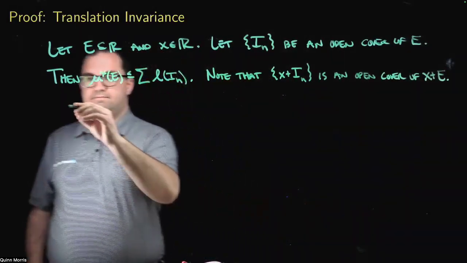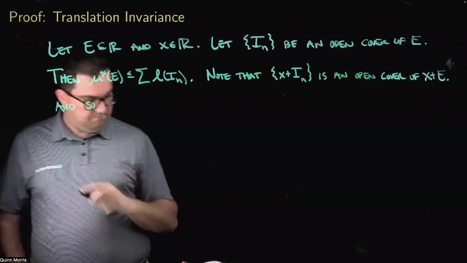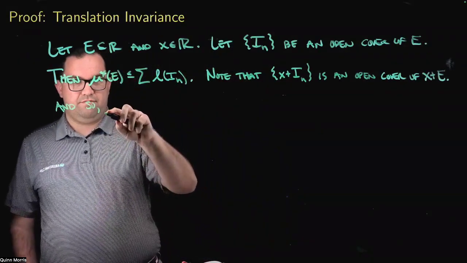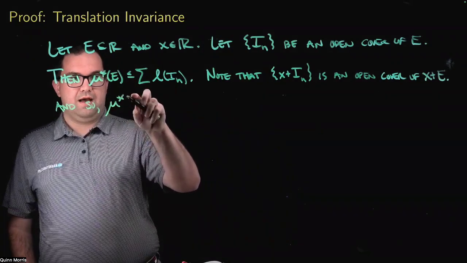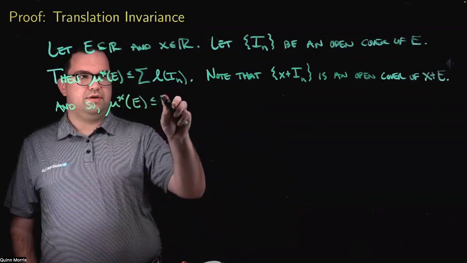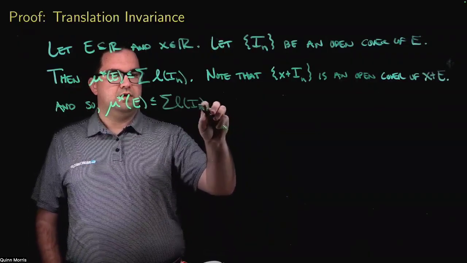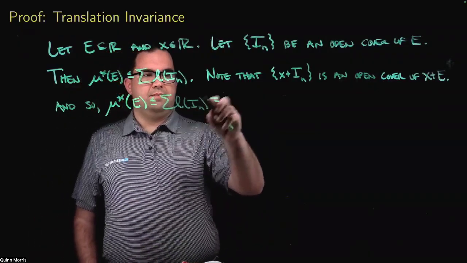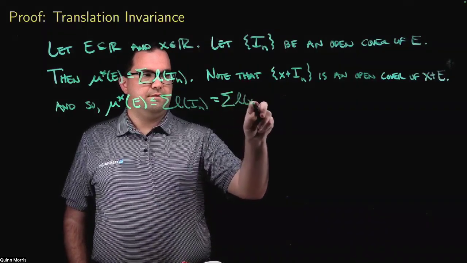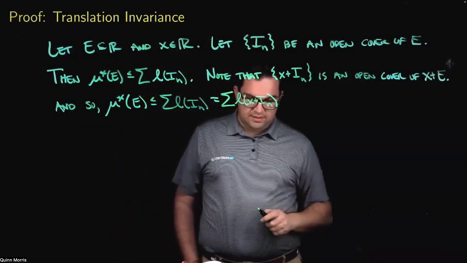And so we have the outer measure of E, which we already know is less than or equal to the sum of the lengths of the I_ns. The length of a particular set, length is translation invariant. So we get this.